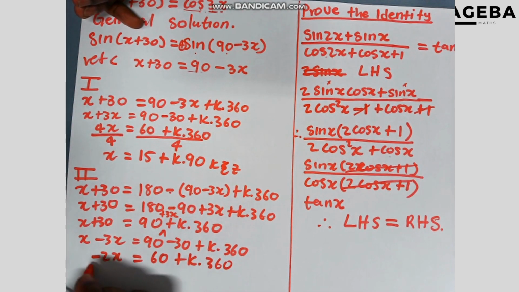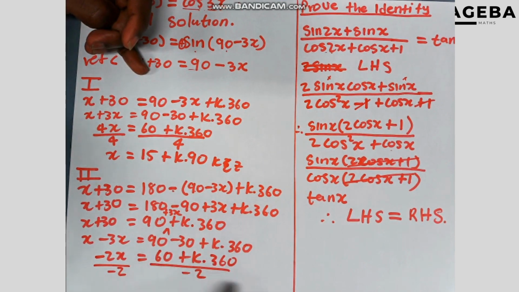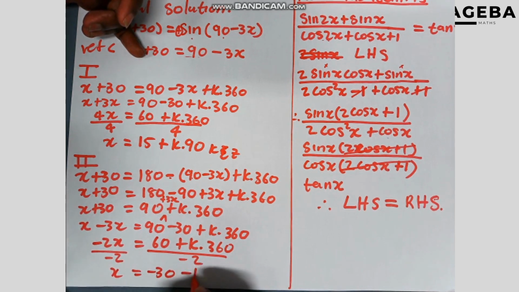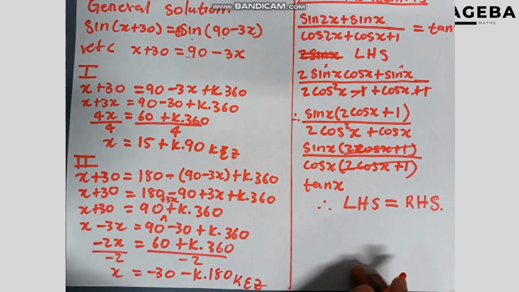Then from here divide by negative 2, and my x is equal to negative 30, then negative k times 180, where k is an element of the integers. Thank you so much.